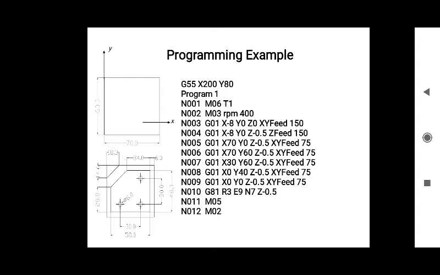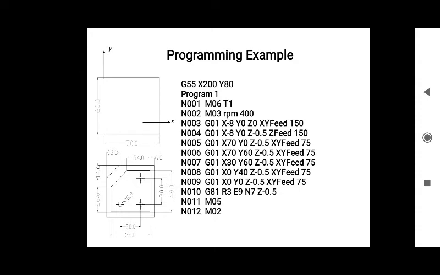As we have changed the tool to the end mill cutter, now the second block, N002, M03, RPM 400. N002 is the sequence number. Remember N001, N002, N003 are the sequence numbers. I am not going to repeat it again, so keep it in mind.